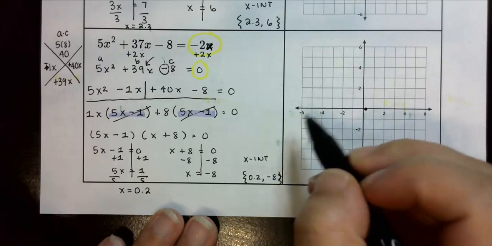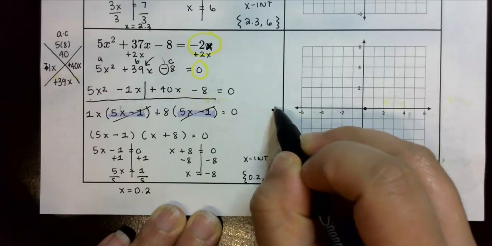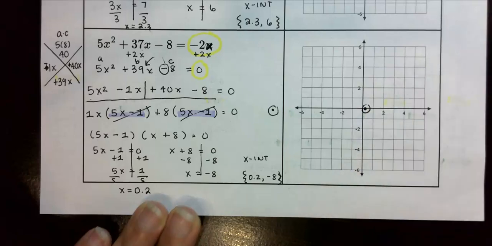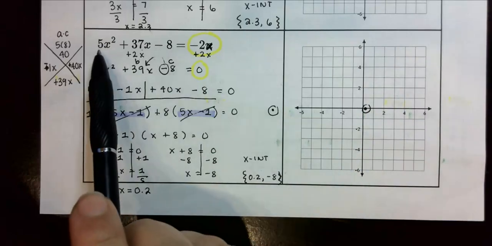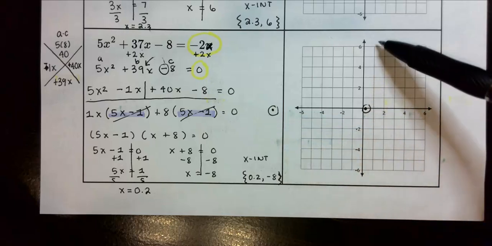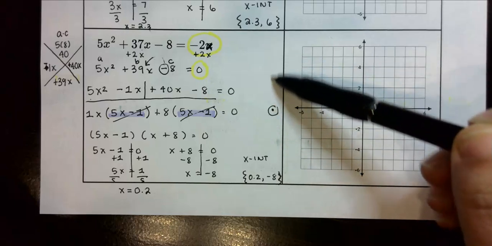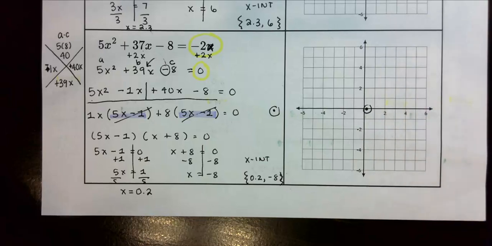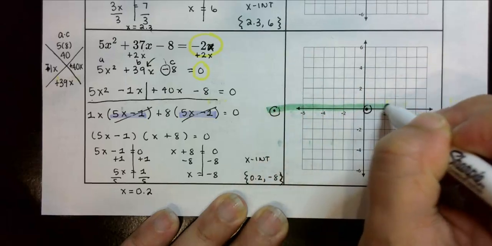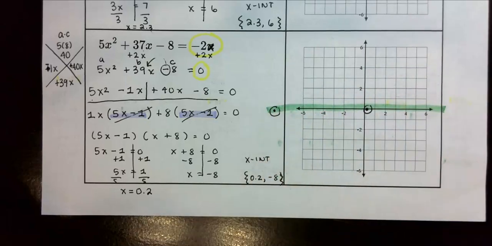Negative 8 is going to be somewhere over here. So remember, our graphs are U-shaped graphs. So because this one's positive in the front, it's going to just do this. Like that. And so when we solve an equation and we set it equal to 0, it basically tells us our x-intercept.